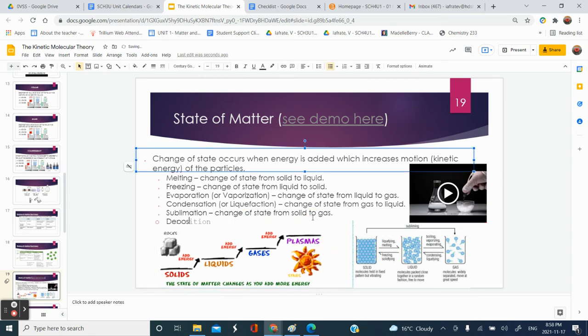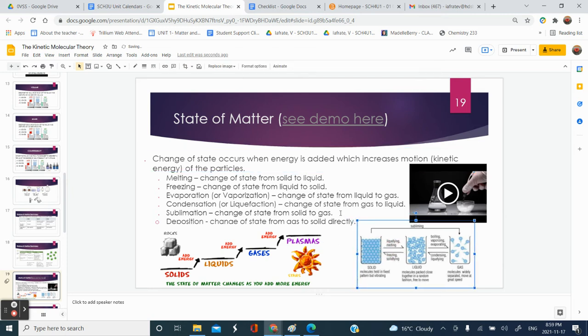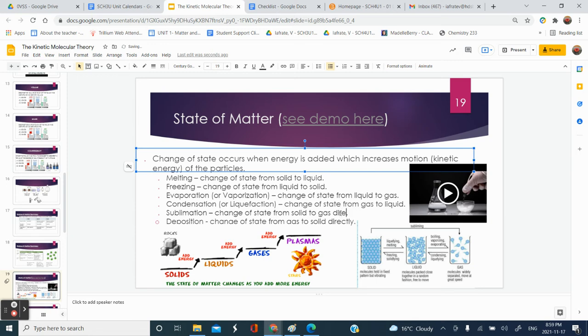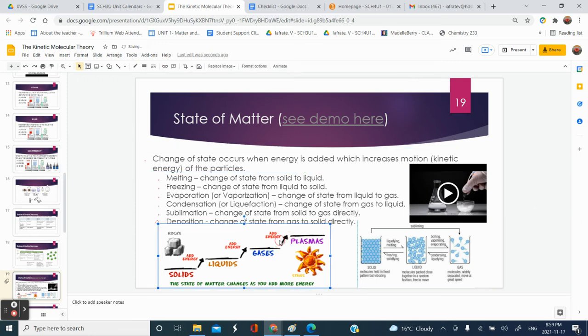So deposition is a change of state from gas to solid directly. So in a way, you're skipping the liquid state, and then over here too, directly. You're skipping the liquid state. So that's called deposition.